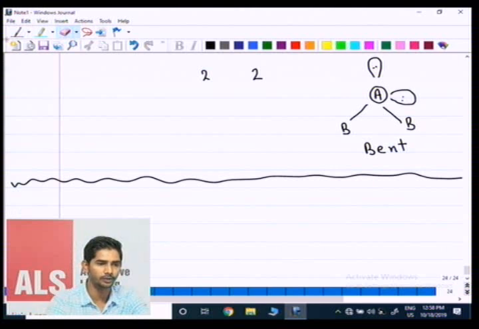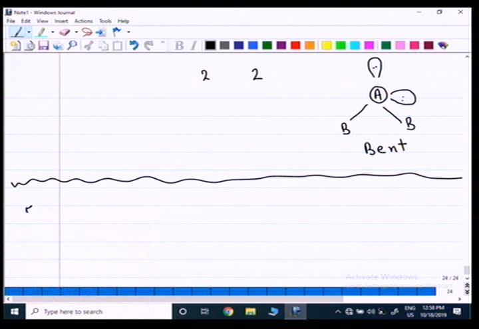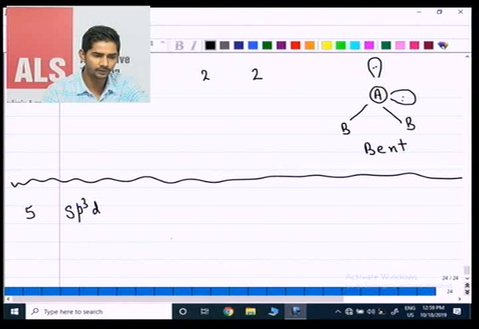Now, next case, n by 2 equal to 5. In case of 5, hybridization will be sp3d. The arrangement of atoms is like this.